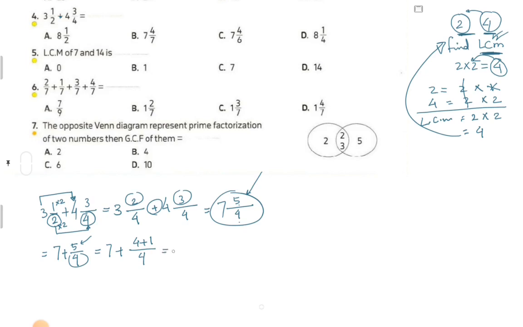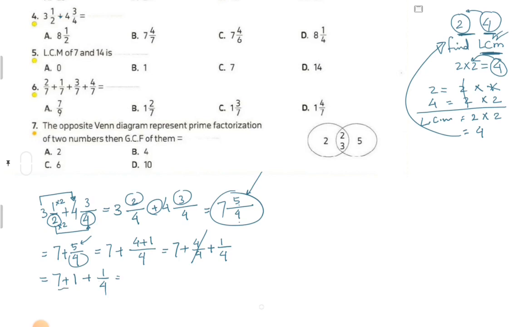Equal 7 plus, now I will distribute 4 plus 1 divided by 4. I take 4 divided by 4 first, plus 1 divided by 4. Equal 7 plus, 4 over 4 equals 1, any number divided by itself is equal to 1, plus 1 over 4.